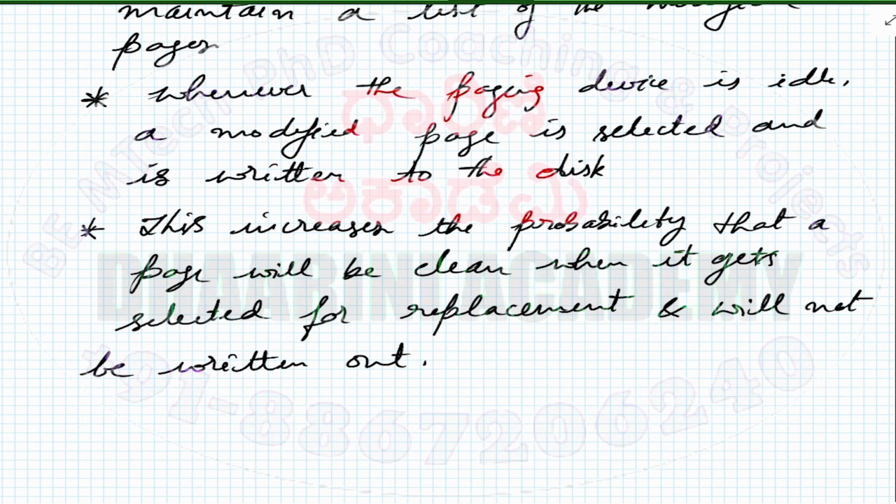This is to keep a pool of free frames, but you will remember which page was in each frame. There will be a pool of free frames, but there will be a memory associated with that, to remember which page was in each of these frames; older contents will be remembered. So the frame contents are not modified when the frame is written to the disk.